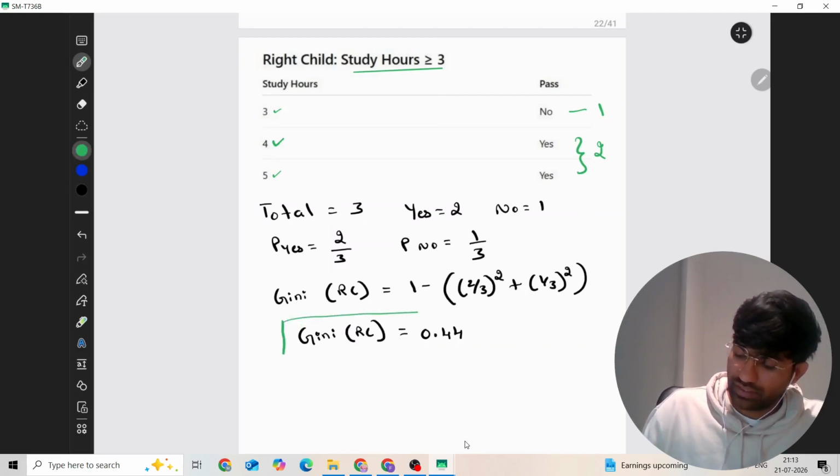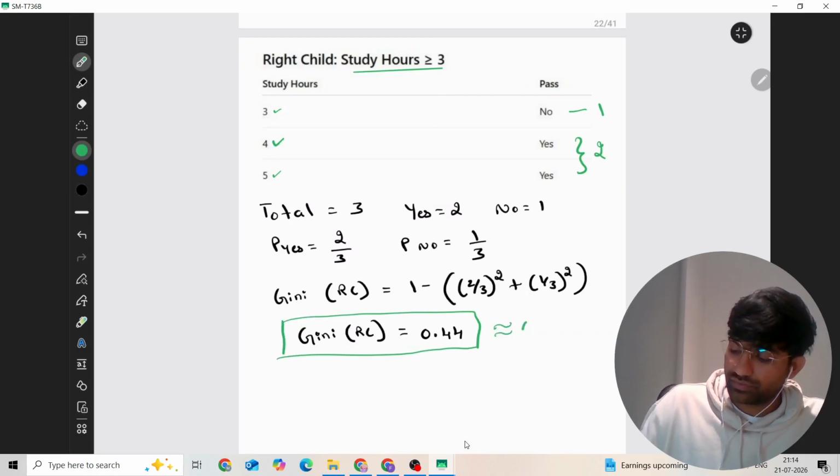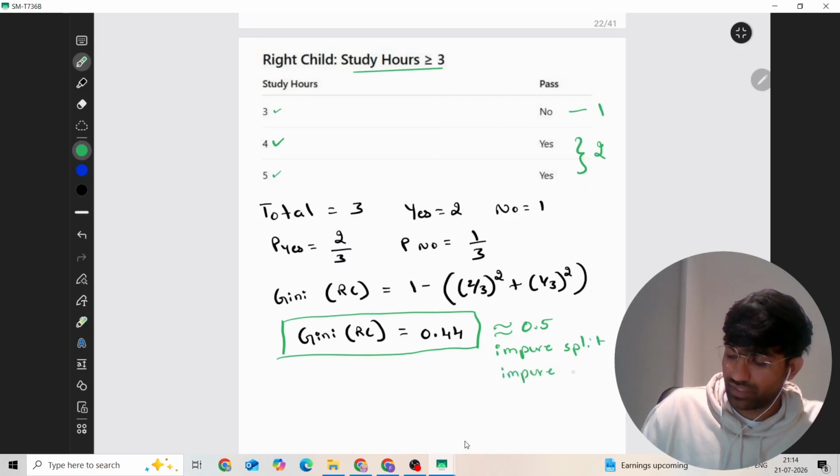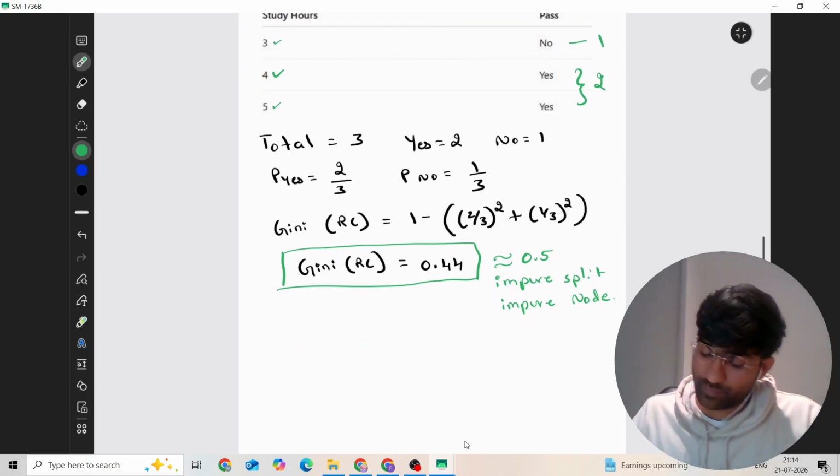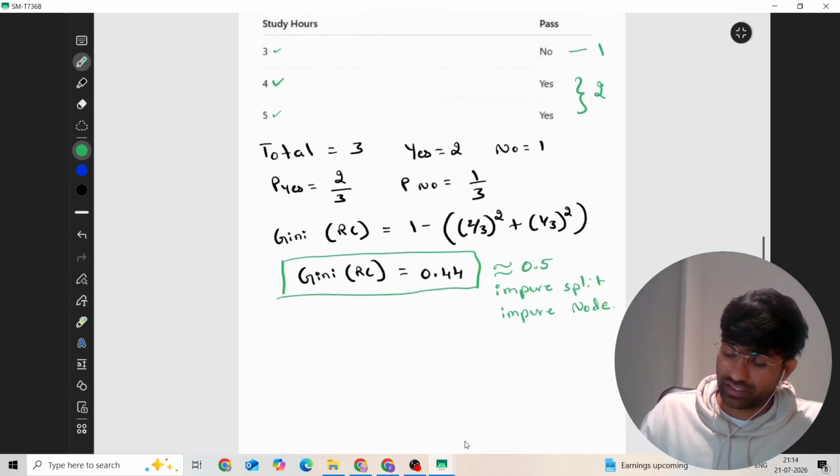The Gini impurity is near to 0.5. It is an impure node. This is an impure split. Impure node. We can split further here. So we have calculated the Gini impurity of left child and the Gini impurity of right child.